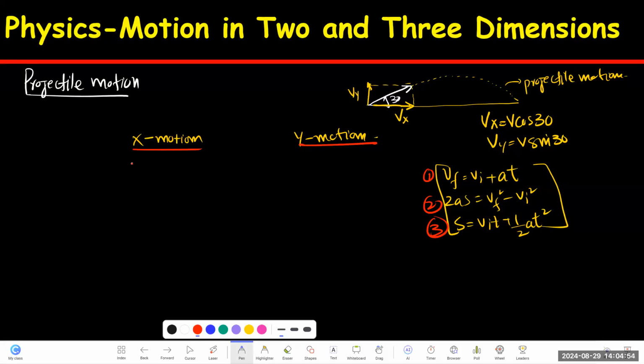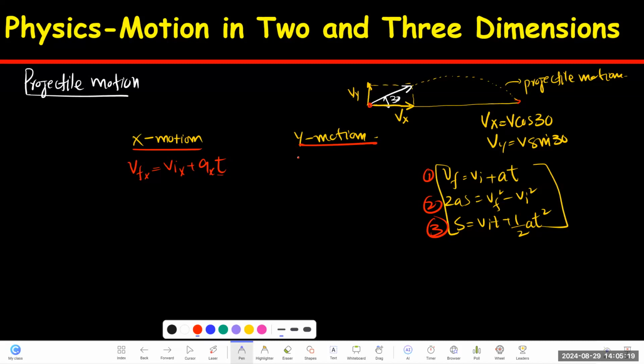So for equation number 1, vf, or usually in this book we don't write f, we just write v, is going to come with x. Everything you write is going to come with x. However, time doesn't come with x, because this object is going to leave here and arrive here at the same time. So time will be the same for both.